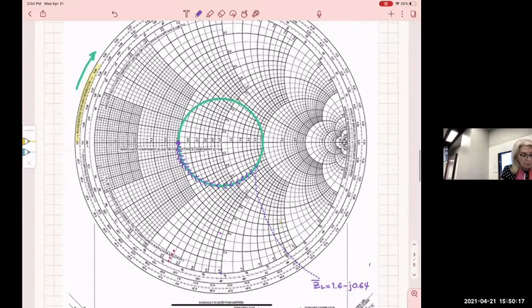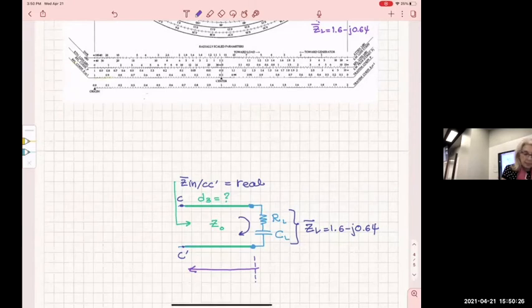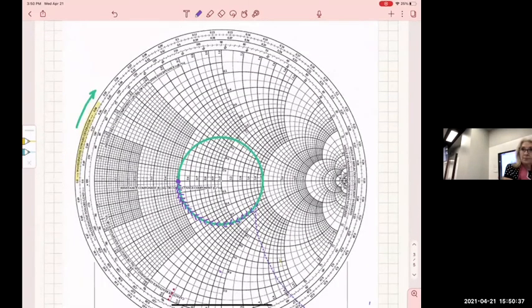Here, to be able to find it, I'm moving this way. So I'm starting here and I'm moving until I find this point where it's real. I have to move towards the generator, towards the source, which is in that direction here. You see it? So that's how I move, and then the arrows show. I suggest you draw the arrows, because sometimes in the middle of things you may forget which direction you have moved.